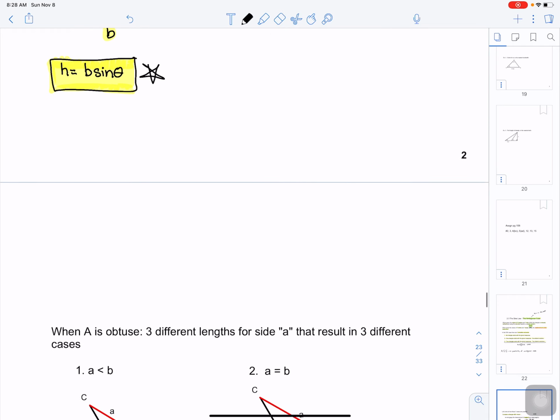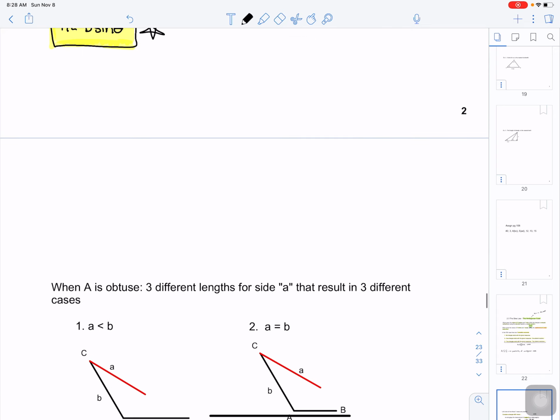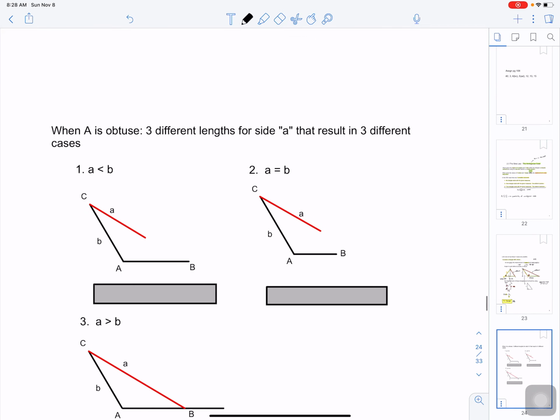Now, when I have angle A being obtuse, so that second triangle on the right-hand side, you've got to remember we're given this side and we're given this angle. One of three scenarios could happen.